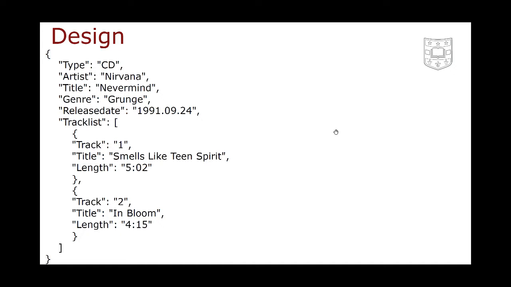That's totally fine. It's going to make things a lot easier, a lot smoother for me. If that's not true, and I plan on accessing the tracks individually without necessarily going through the albums, then I might consider using references instead.